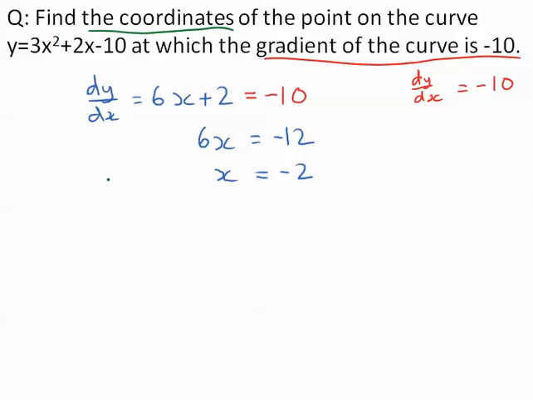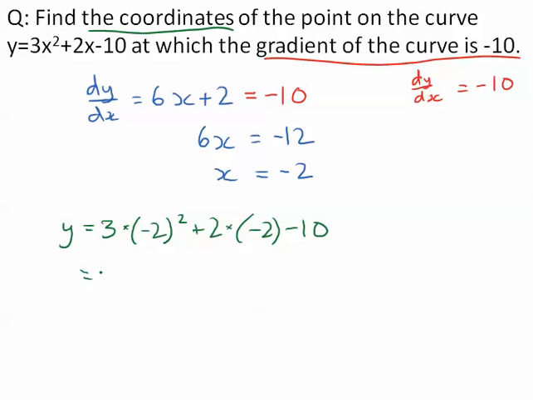So to find the y coordinate at this point, we put that back into the y equation. So y is going to be equal to 3 times -2 squared plus 2 times -2 minus 10. And -2 squared is 4, so that's the same as 3 times 4 plus, well, 2 times -2 is -4. Let's put brackets around that.